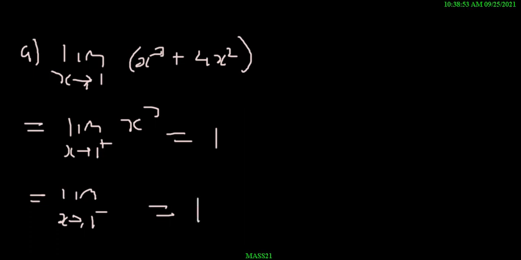Then we handle the 4x to the power 2, so the limit of 4x to the power 2 as x approaches 1 from the right, so put 1 there, 1 to the power 2 is 1, 1 times 4 is 4.